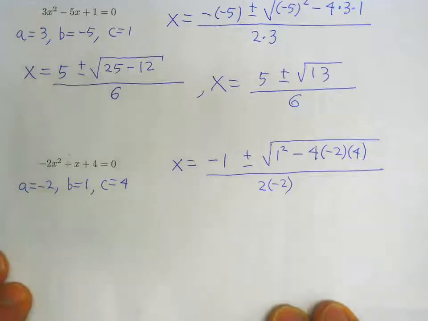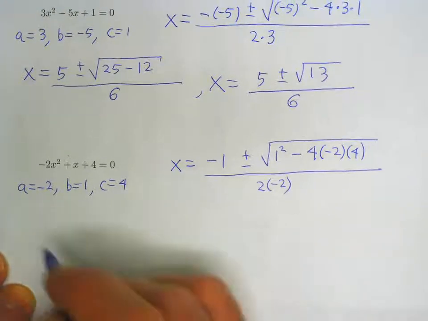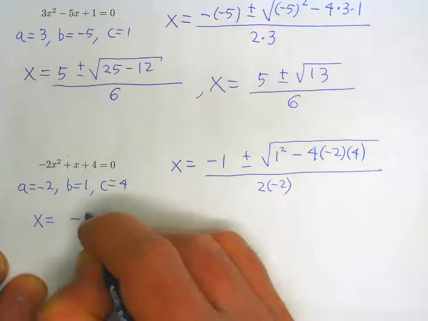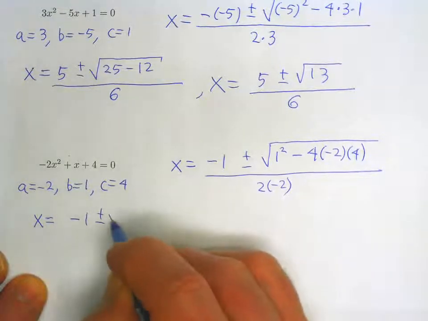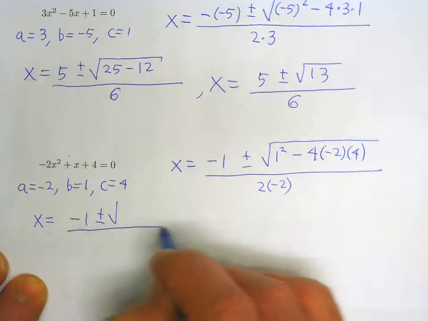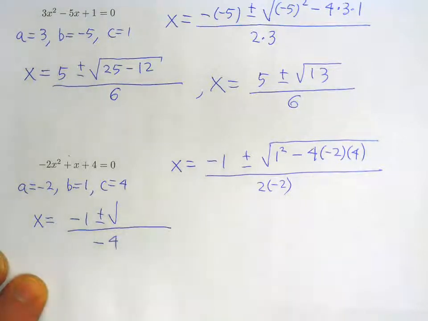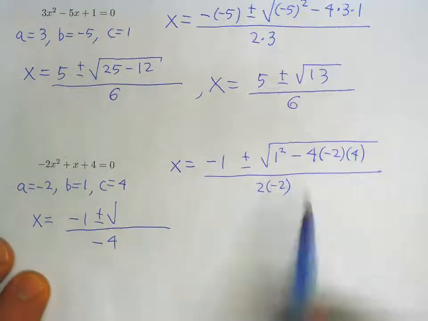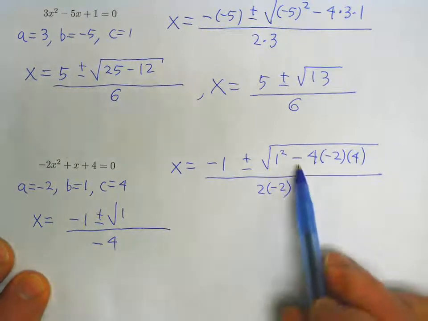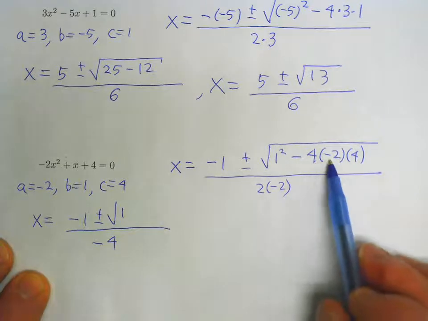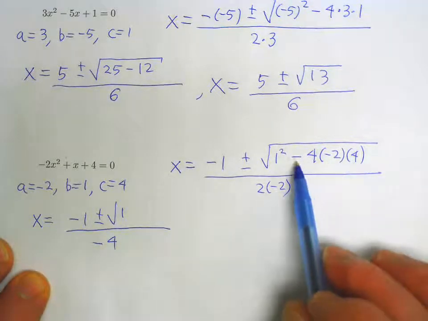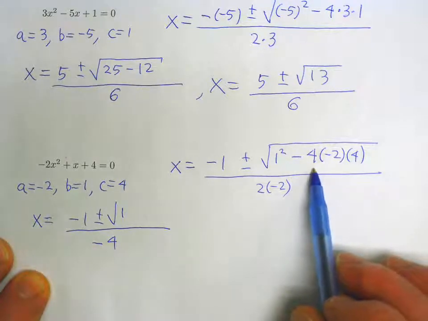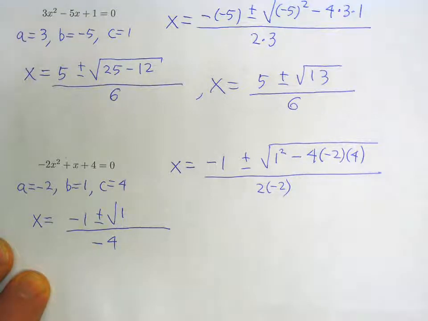Okay, then we do the arithmetic. We have x equals, in the numerator, -1 plus and minus the square root of some number. In the denominator, we have -4. And inside the square root, 1 squared is 1, and we're subtracting 4 times -2 times 4. So we're subtracting -32.